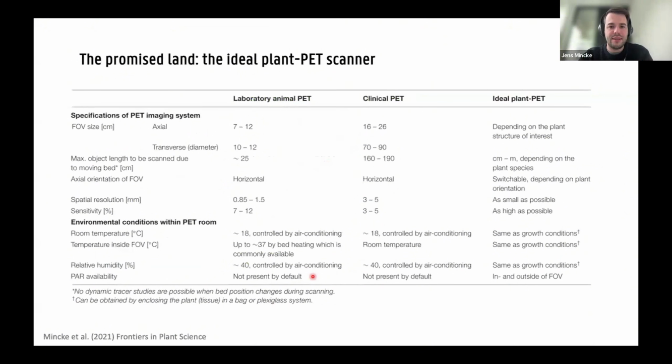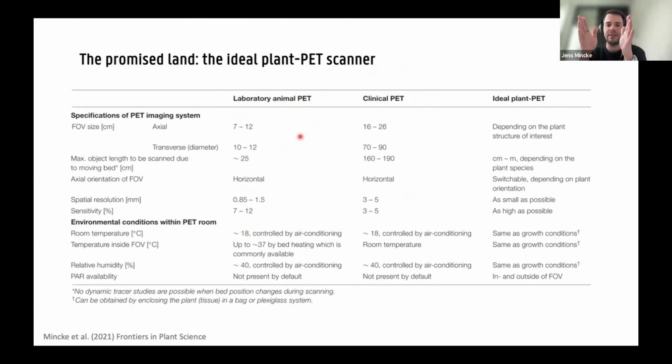Then if we have a look at the PET system itself, if you want to start applying this imaging technique to plants, you can knock on the door of an imaging facility or a laboratory animal facility, which has the laboratory animal PET, or you can knock at the door of a hospital, which has the clinical PET. Each of these has advantages and disadvantages, and I'm not going to go through all of them, but it comes down to the laboratory animal PET having a small bore size, so tiny structures can be imaged.